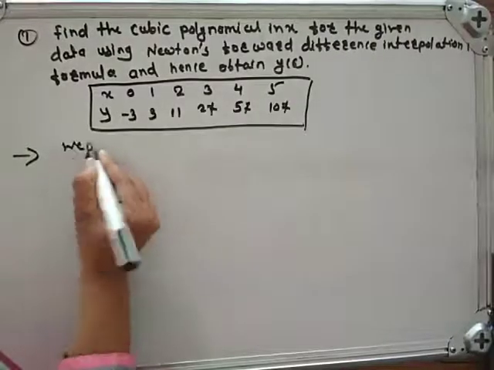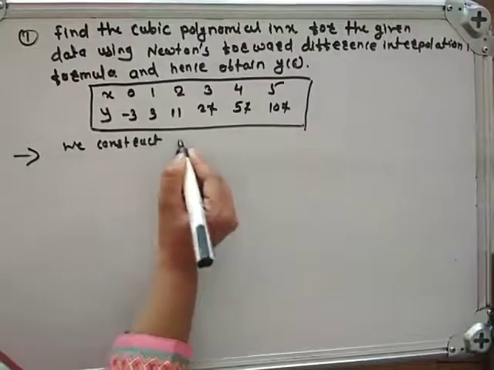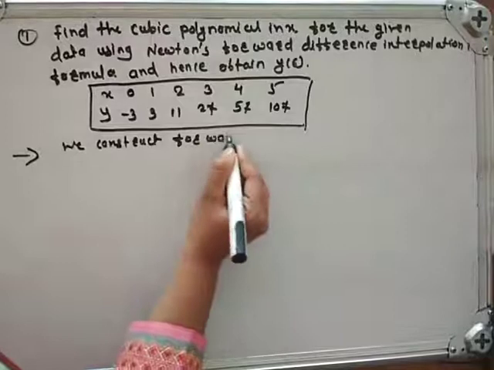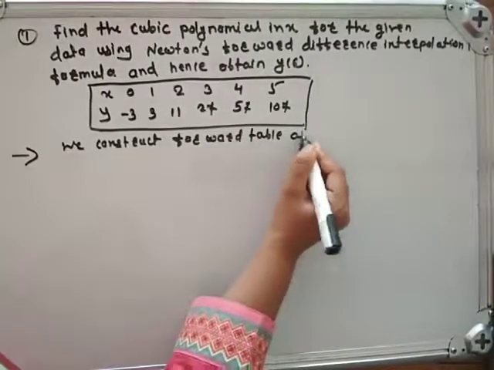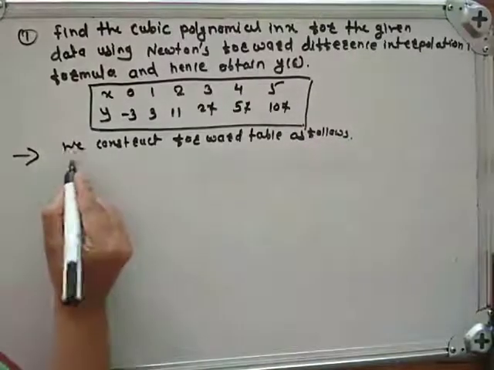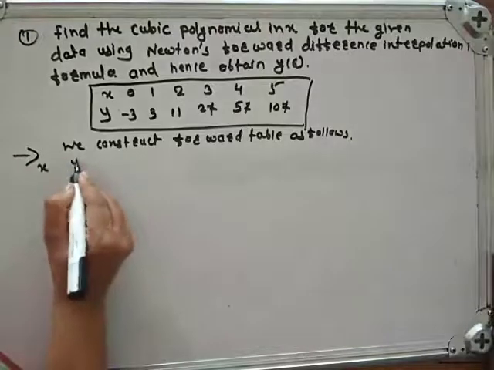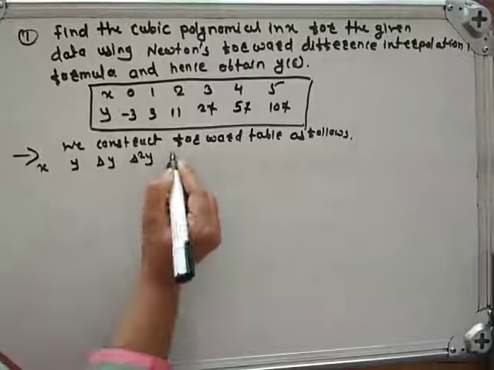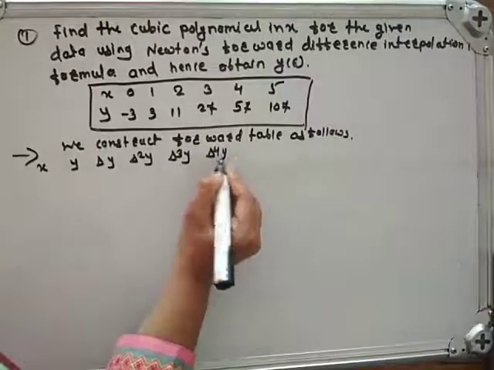We construct the forward difference table as follows. Columns: x, y, delta y, delta square y, delta cube y, delta raised to 4 y.